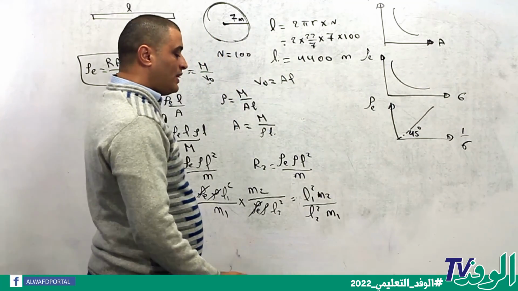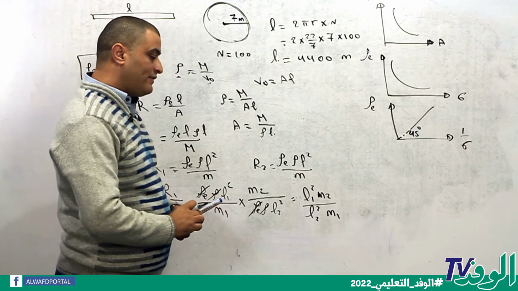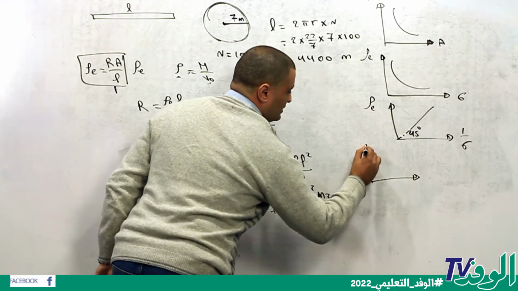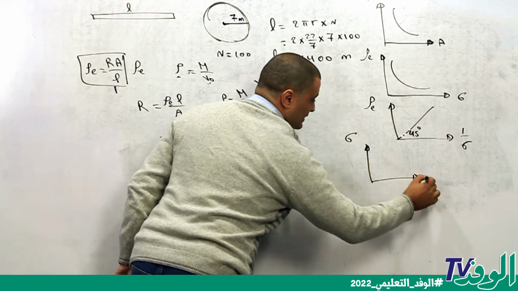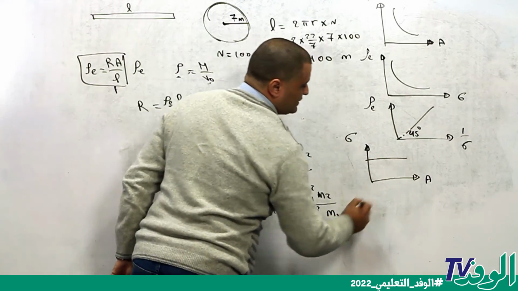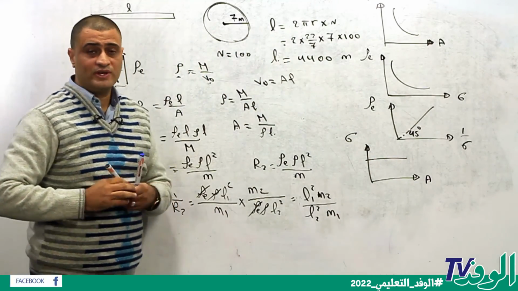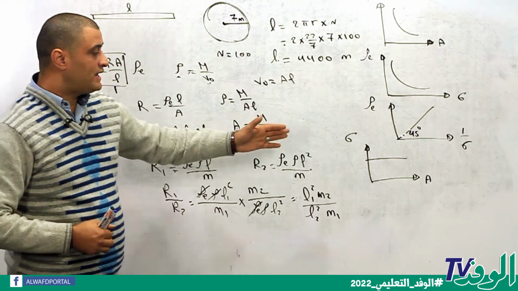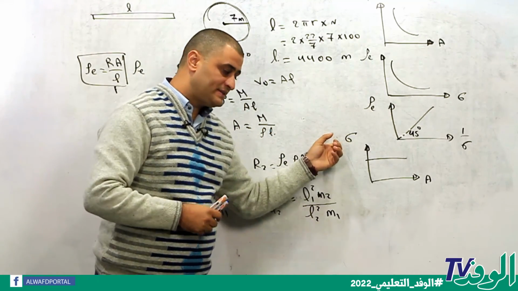Okay, and finally we have the last graph. The last graph is between sigma and area. Sigma doesn't depend on the area, so it will be constant, because it depends on the type of material. It doesn't depend on the length, doesn't depend on the area, it depends on the type of material and the temperature.